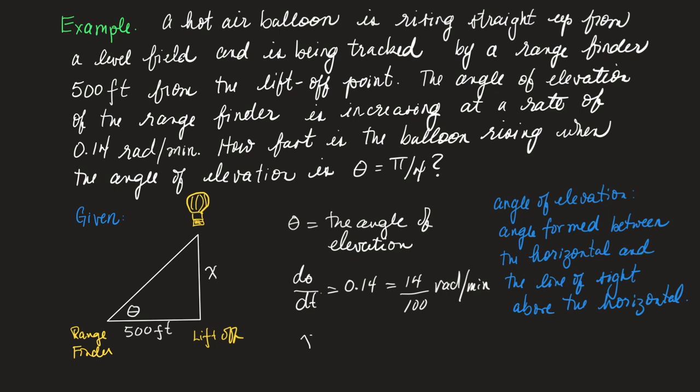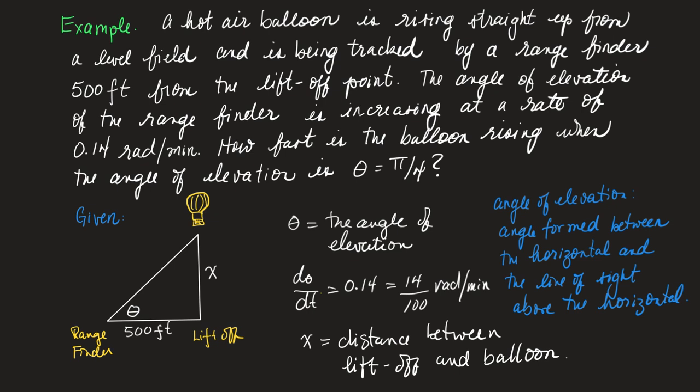And so x is going to be the distance between the liftoff point and the balloon. And so those are all the things that I need to assign variables, I think, and the things I've been given. So let's go to our next step, which is, let's think about what we want.